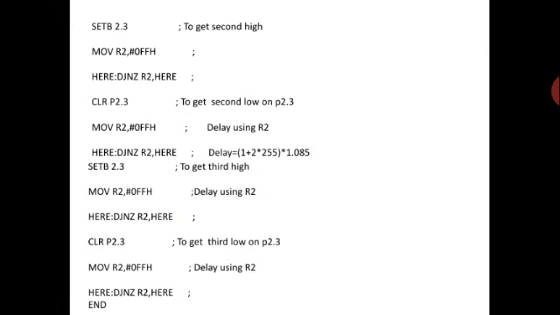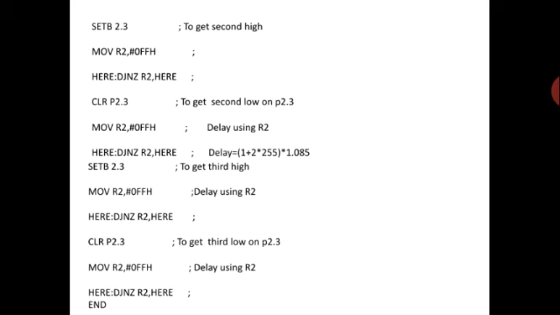So next, again this process repeats: making it high, giving some delay and again clearing it, again giving some delay, again making it high, again clearing it. You do this six times, because you want 3 on periods and 3 off periods.